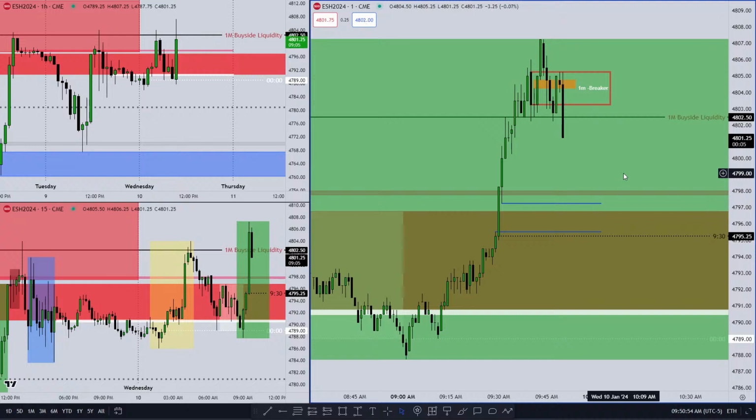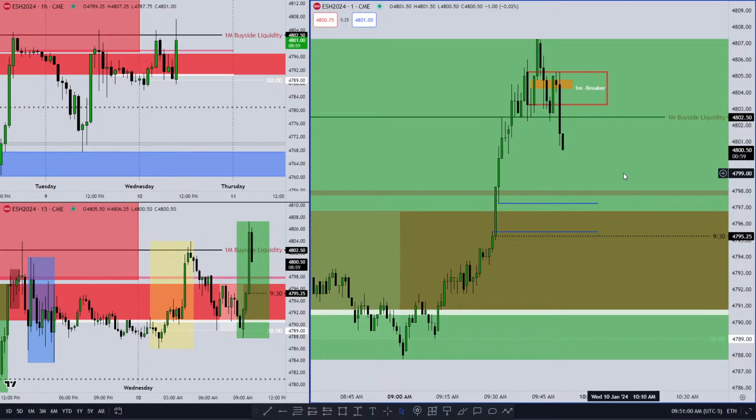So NASDAQ references its 9:30 opening price. And Nasdaq also referenced its midnight true day open.